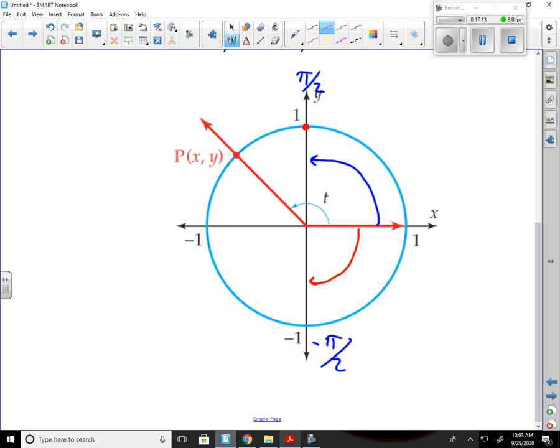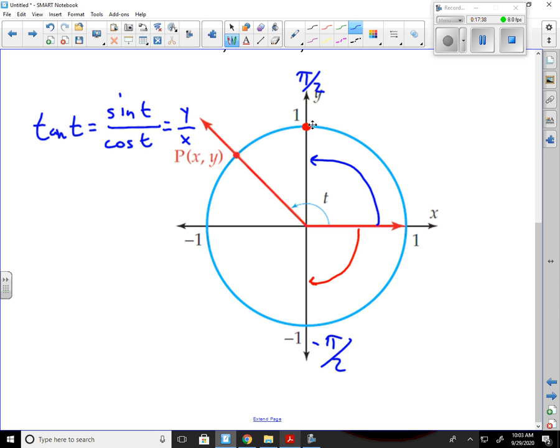If I look at this point here, remember that my tangent of t is now defined as my sine of t over the cosine of t. The sine is just the y, the cosine is just the x.